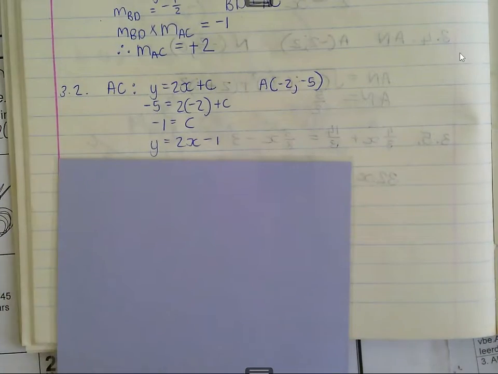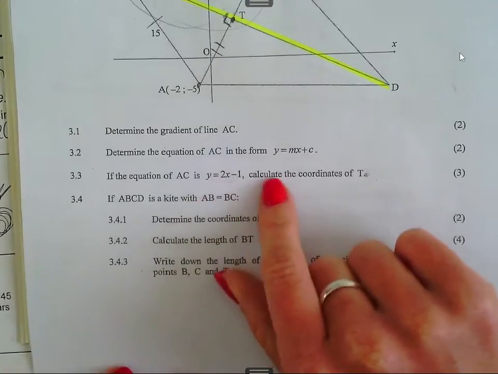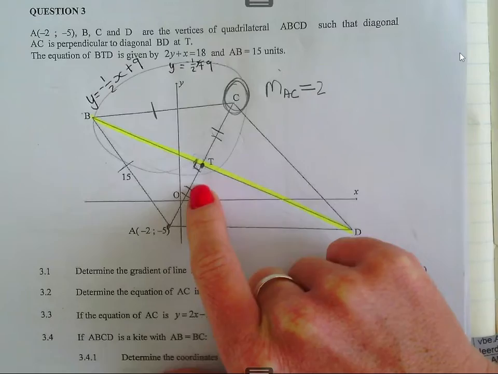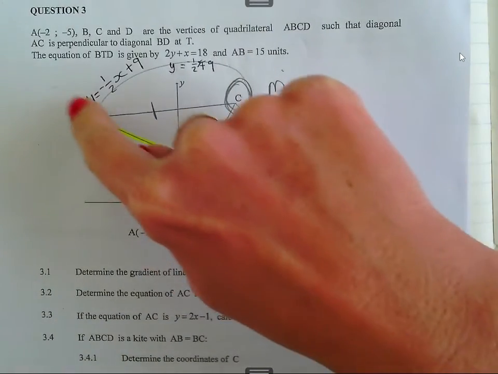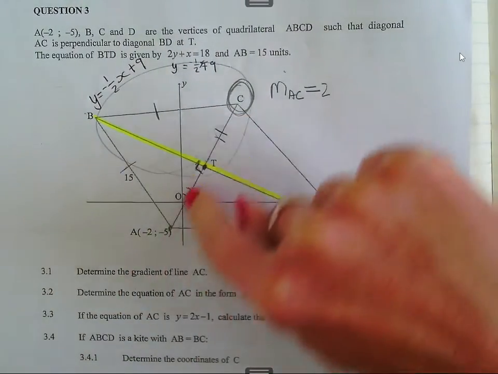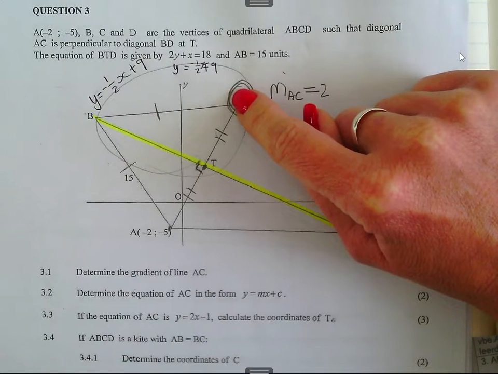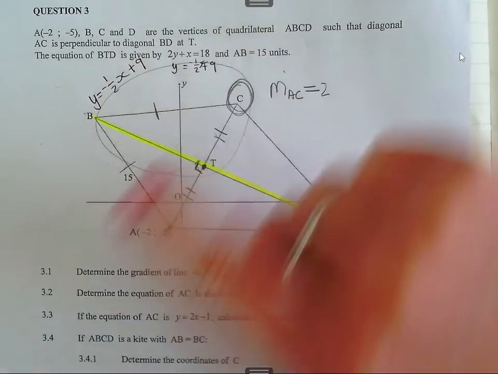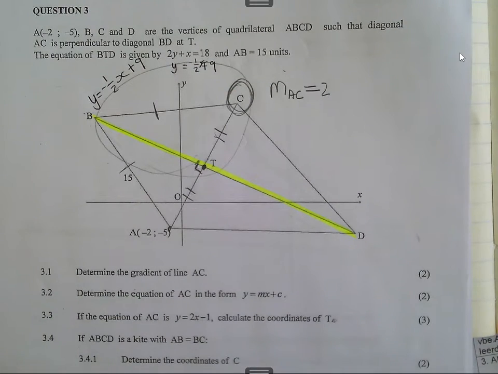They are telling you if that's the equation, calculate the coordinates of T. So what they wanted you to see here is that T is the point of intersection between these 2 straight lines. Now, do you remember I told you how to calculate the point of intersection? You let the 2 equations be equal to each other.